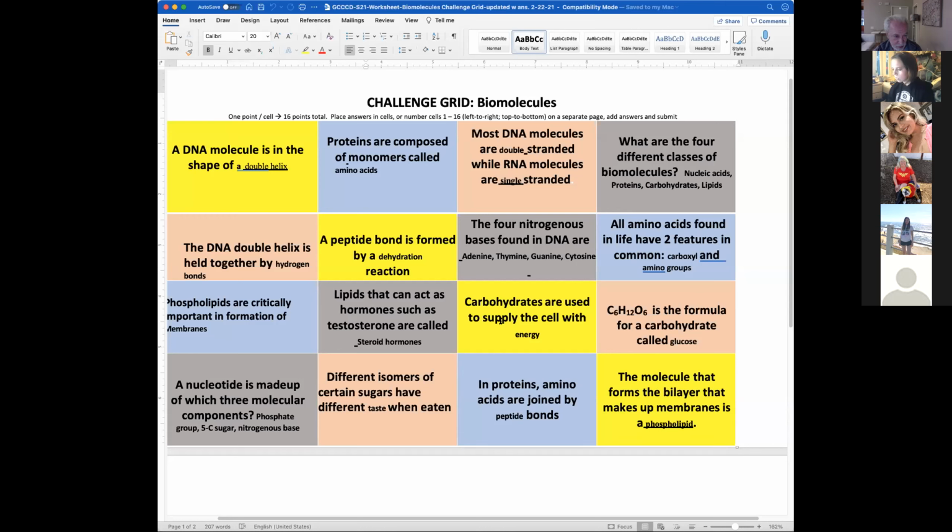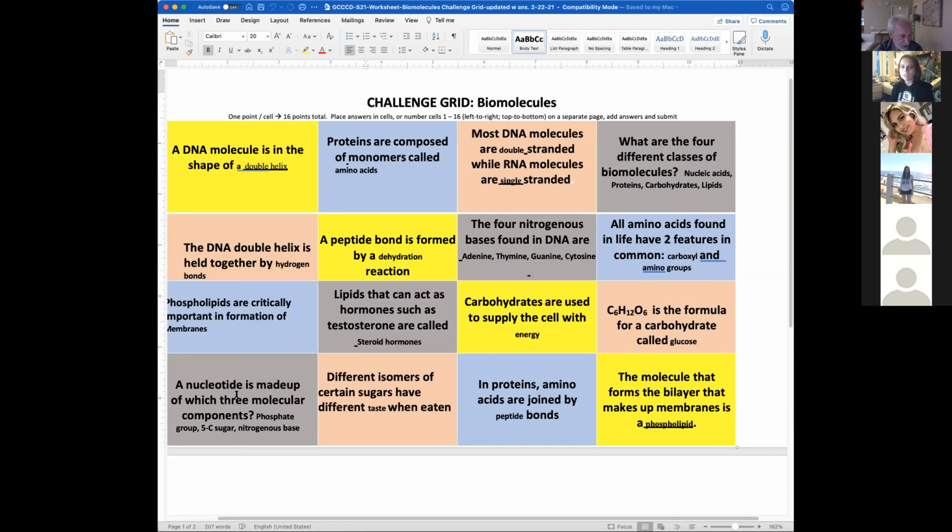Carbohydrates are used to supply energy to the cell. And then there's this formula. It's a formula for a carbohydrate, and you can use any name. Glucose would be the most common, but any sugar that has that formula would satisfy. So fructose, for example, would also satisfy this.